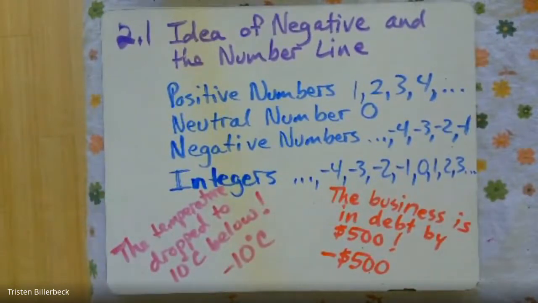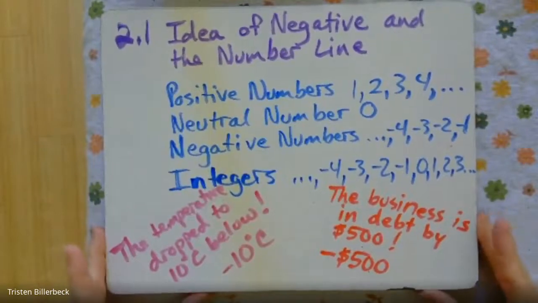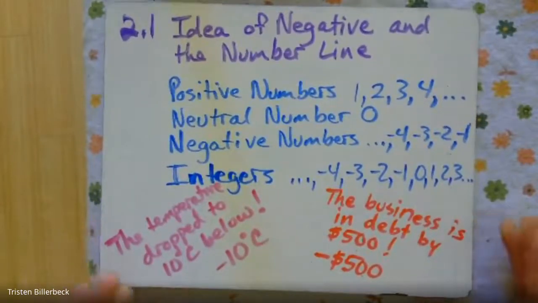But we want to talk about negative numbers today. So what makes a number negative? When we read something like "the temperature dropped to 10 degrees Celsius below," that means -10 degrees Celsius.